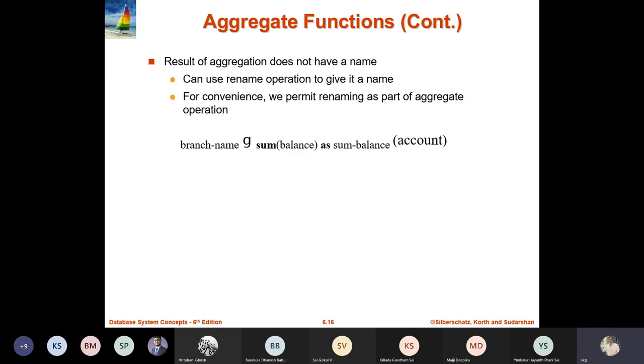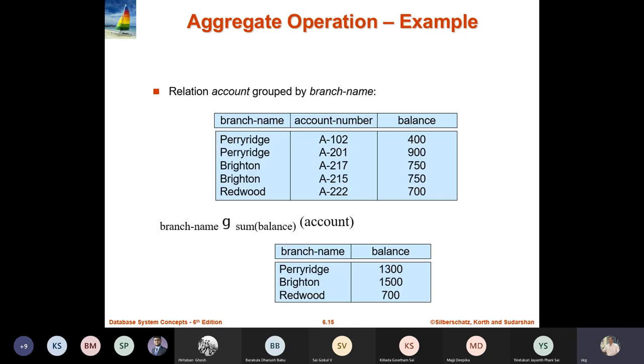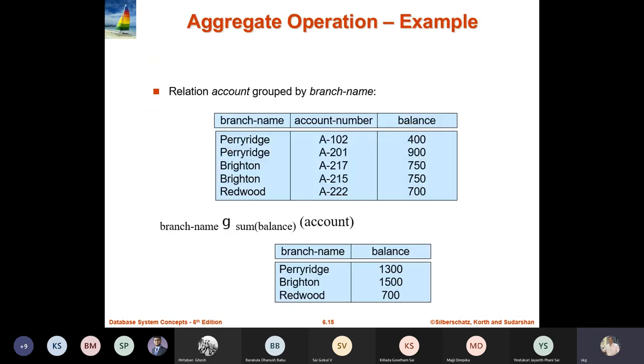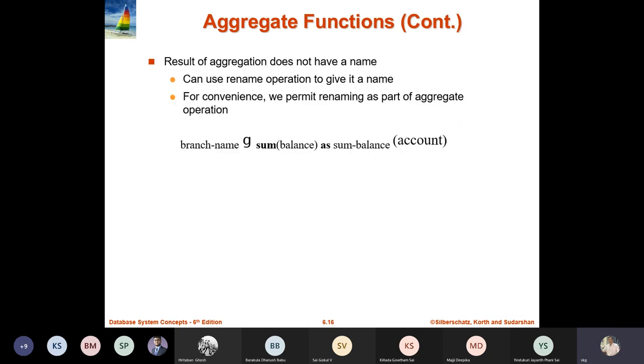So in this relation we say that sum balance is the name of the resultant. In case of the balance, I give the rename as sum of balance as sum balance. So the column becomes sum balance.